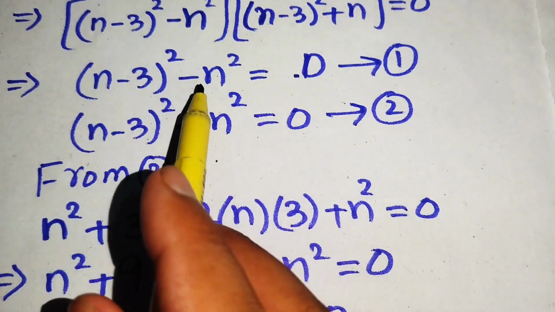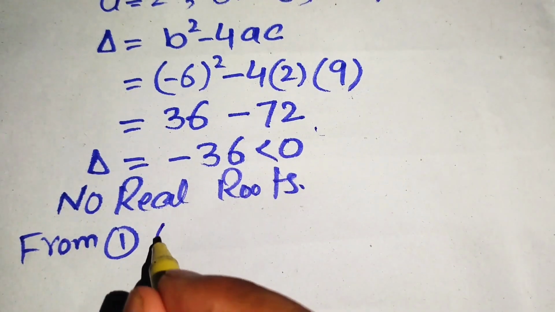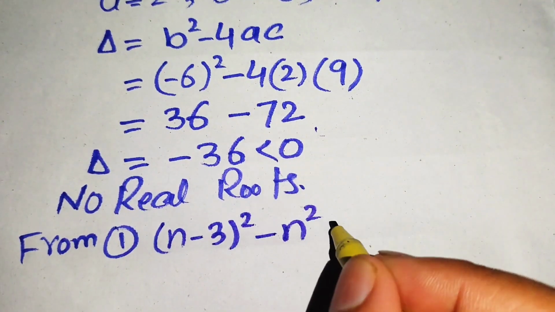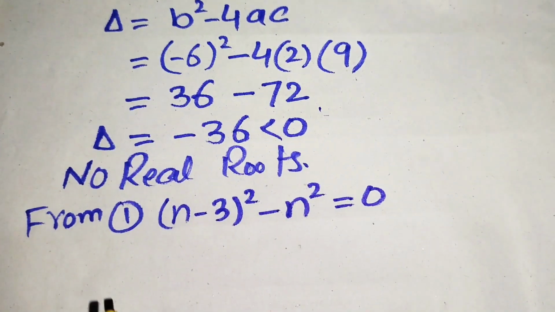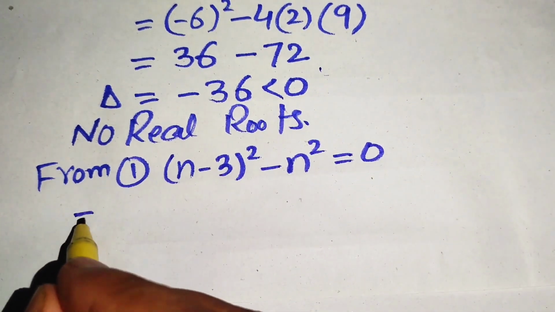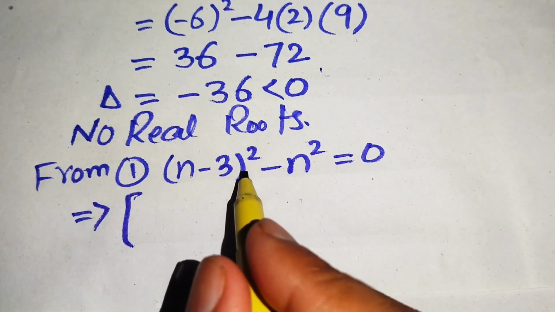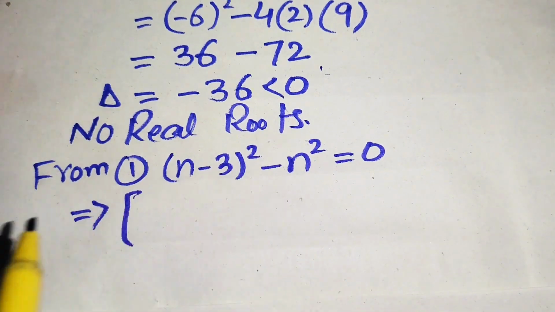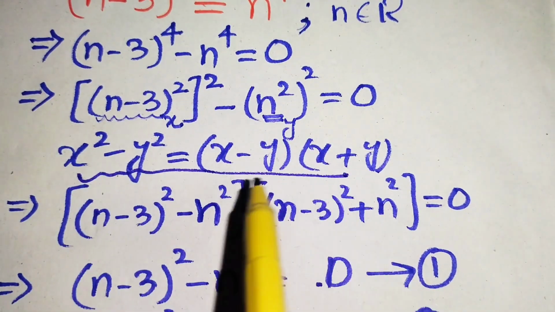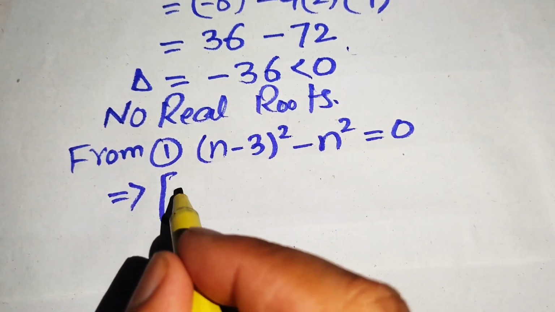First we copy down this equation and write it as (n − 3)^2 − n^2 = 0. Here we use the nice square identity, a^2 − b^2, which we used above.